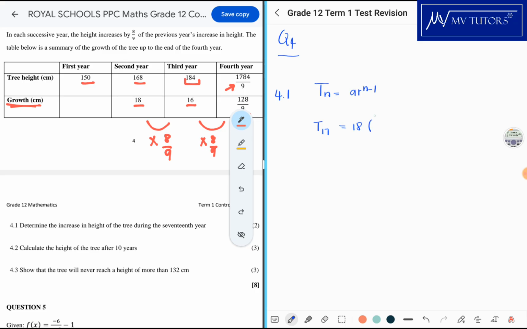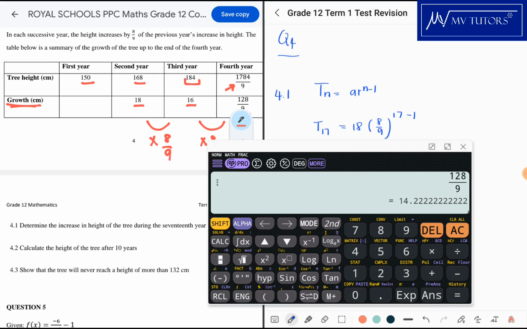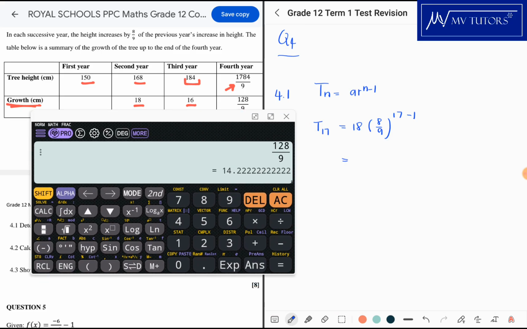The common ratio would be 8 over 9. And then in the place of n, we have 17 minus 1. Okay, so at this point, I would just plug everything into the calculator. Not try to calculate anything by head, lest I make stupid mistakes.